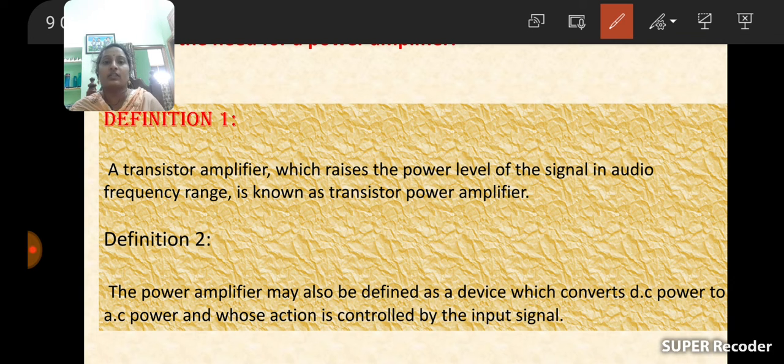And coming to the next way, we can also define it as a device which converts DC power to AC power, and whose action is controlled by the input signal.